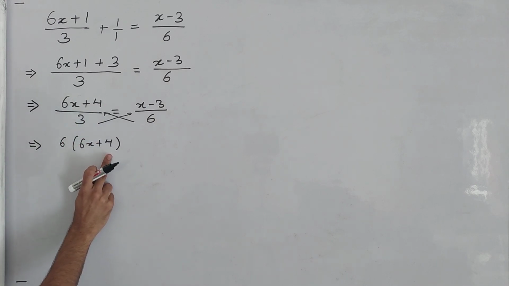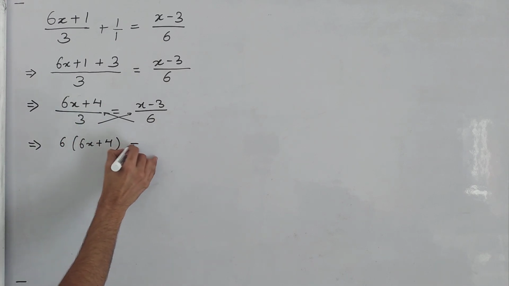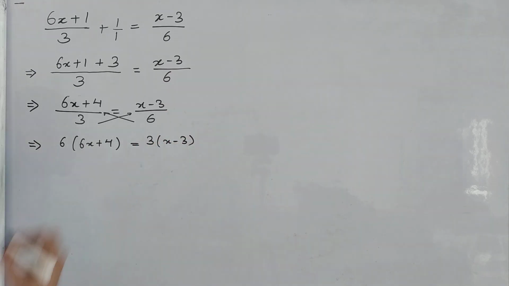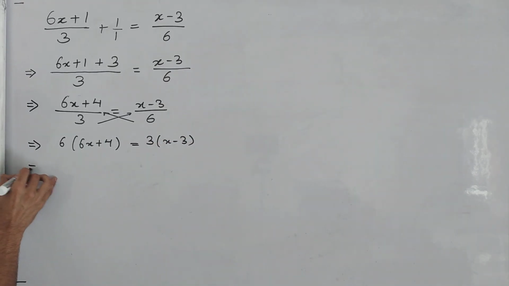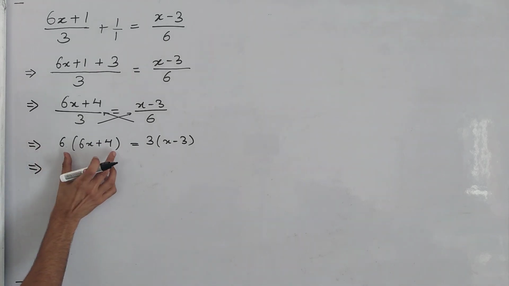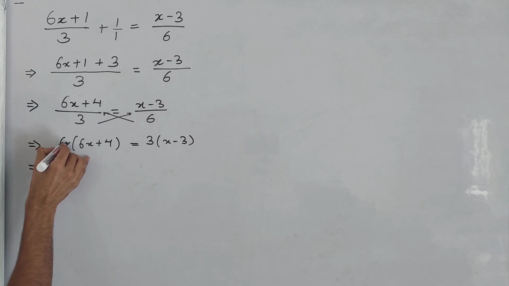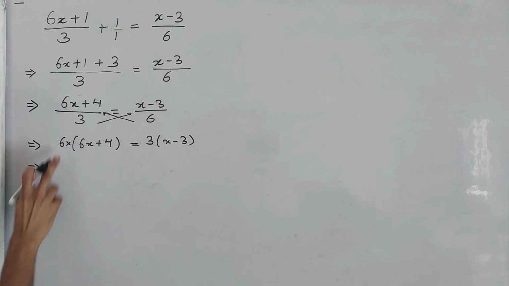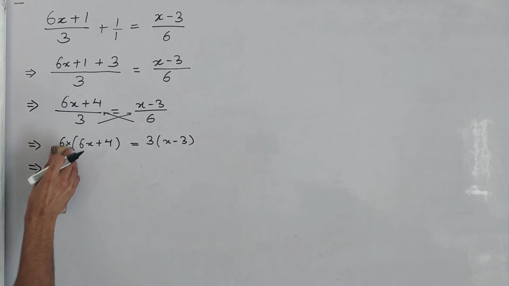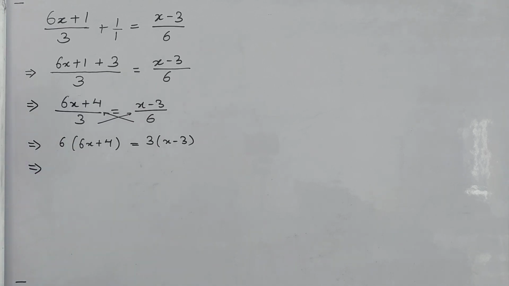So 6 will be multiplied by 6x plus 4, is equal to 3 multiplied by x minus 3. When a number is written next to a bracket, you can assume a multiplication sign; whether the multiplication is written or not, it is one and the same thing.